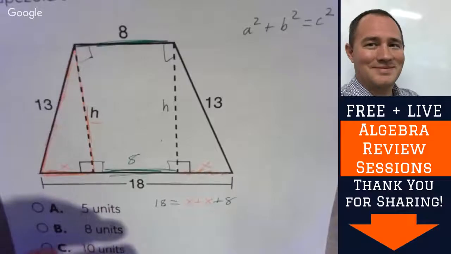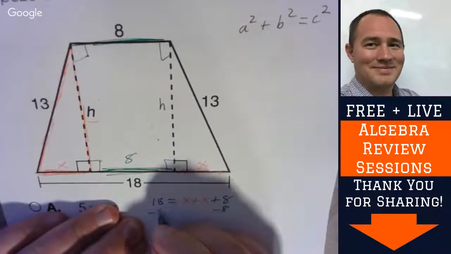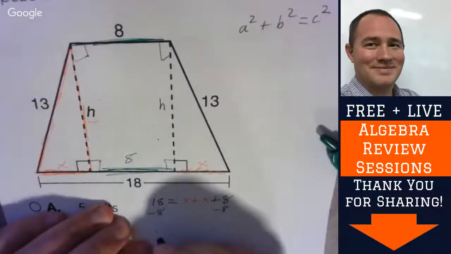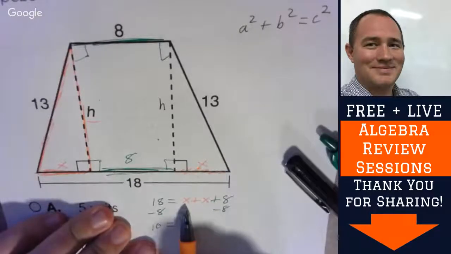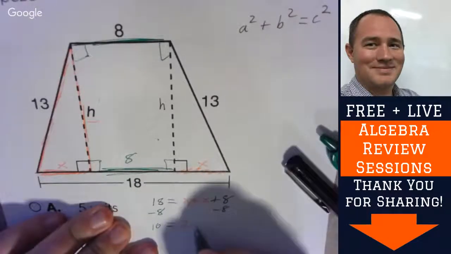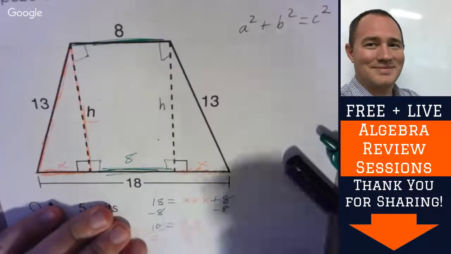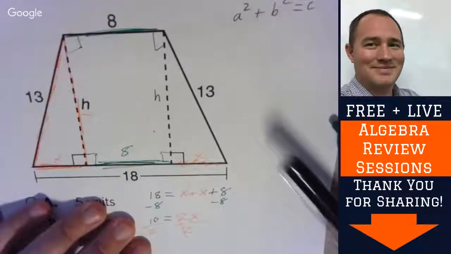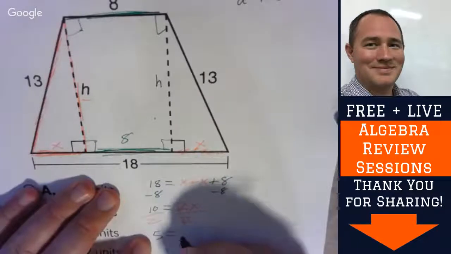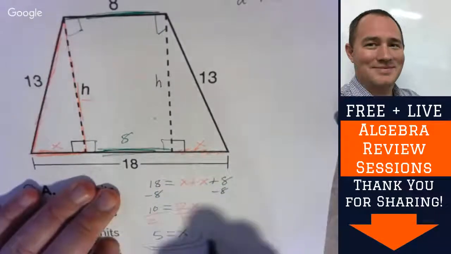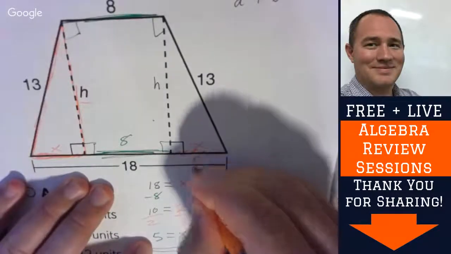Okay, so now we're just going to go about solving for x. Subtract 8 on both sides. And you're adding like terms, so you have 1x, another x, that makes 2 x's. Now we're going to divide both sides by 2. So it's going to be 5 equals x. Okay? So if x is 5, then this is 5 here, right?